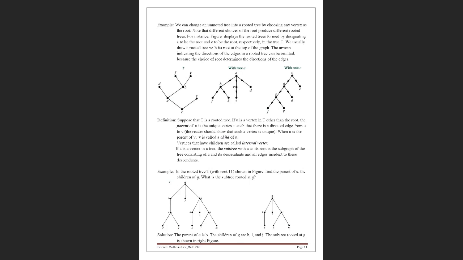Now come to here, look over here. Here A is the root, and all the rest are going away from A. Here C is the root, and all the rest are going away. So A is the root here and C is the root here.